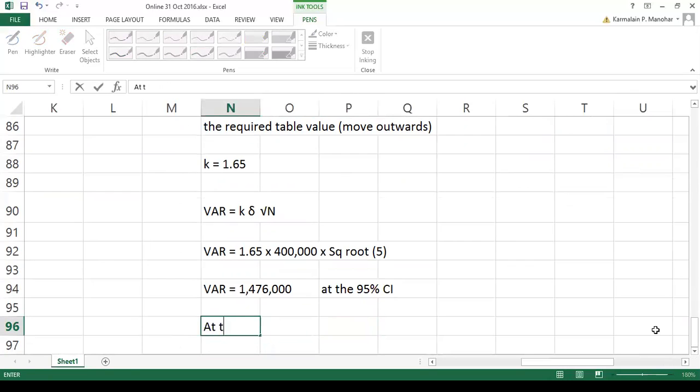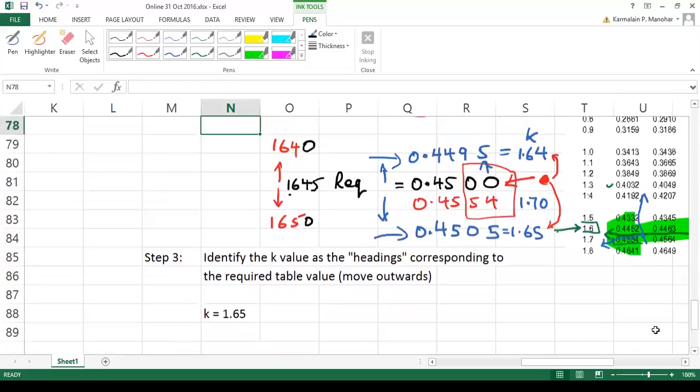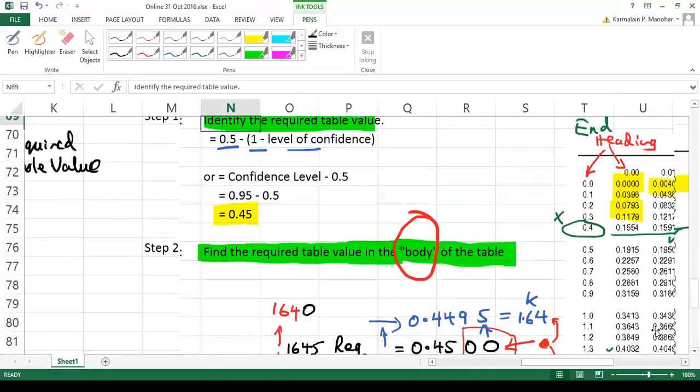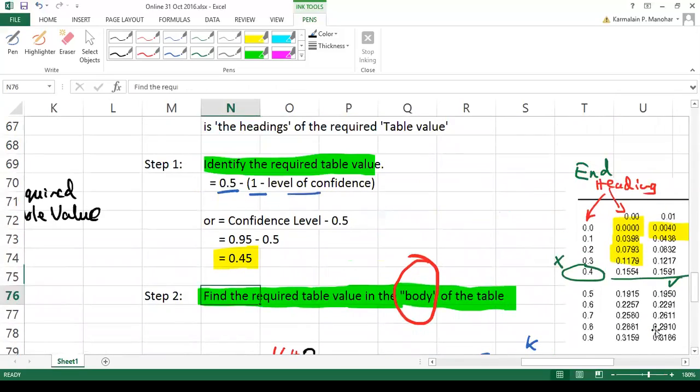So we need to get that done a second time. So we're now saying, what was the second one we were asked to look at? 90%? 90% CI. Step 1. What is our required table value?